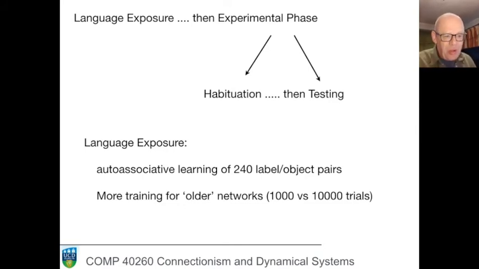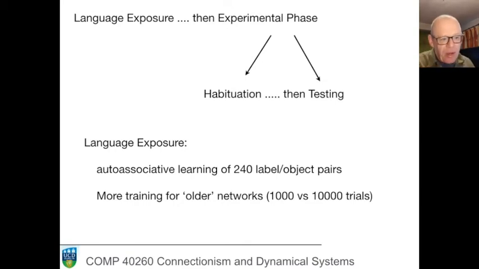So what they do is they first have a period which we're going to call, implausibly, language exposure. And we're going to have two classes of networks, one of which is trained on 1,000 label object pairs. The number of label object pairs is 240 throughout.